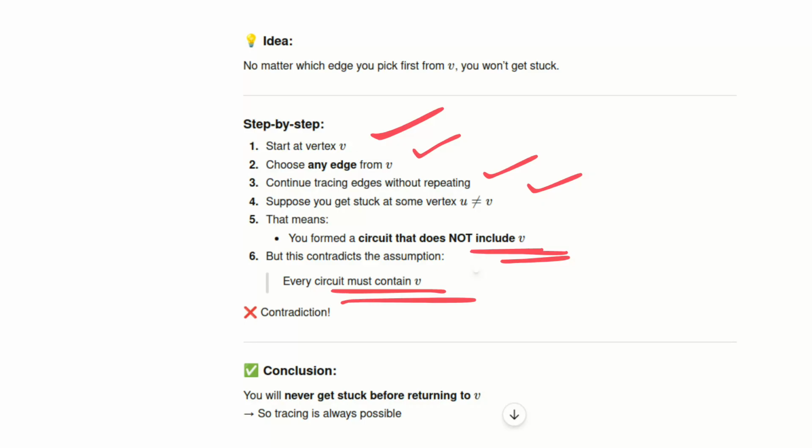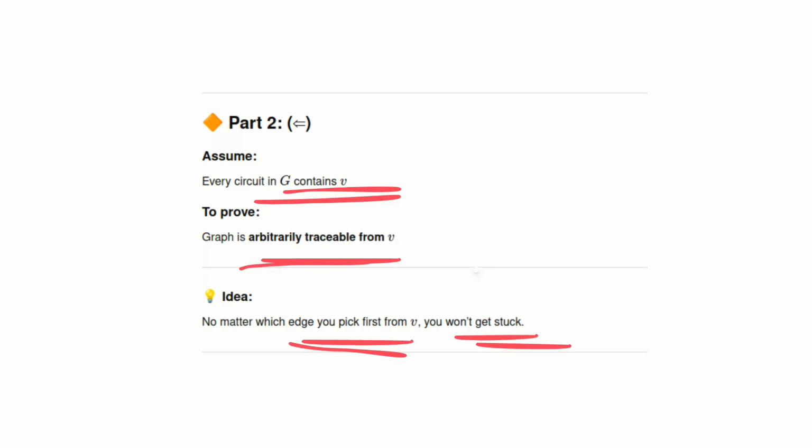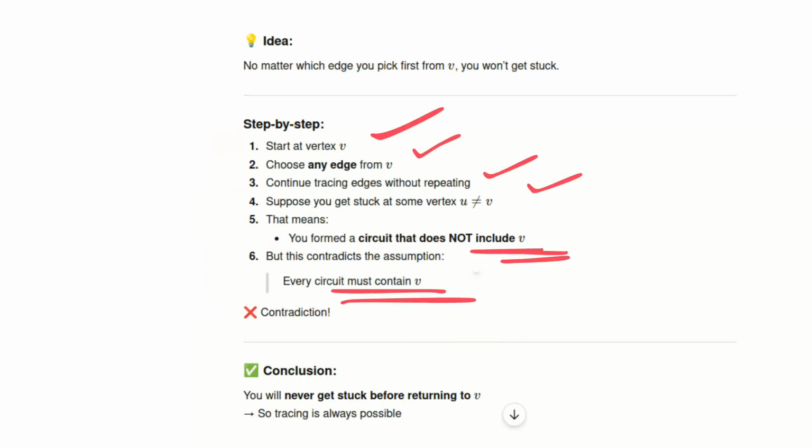But let's say you get stuck at some vertex U which is not equal to V. We have assumed that every circuit in G contains V. But if we get stuck, that means you formed a circuit that doesn't contain V. If it is a circuit, then it would contain V. So if you get stuck somewhere, you formed a circuit that doesn't include V, but that contradicts our assumption that every circuit must contain V. So it's a contradiction.